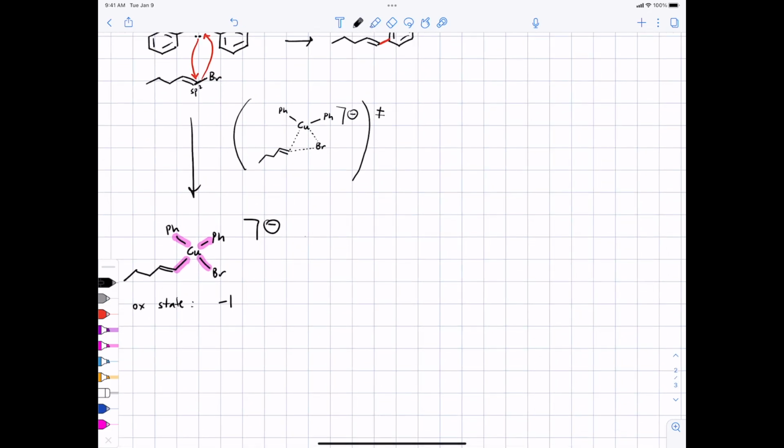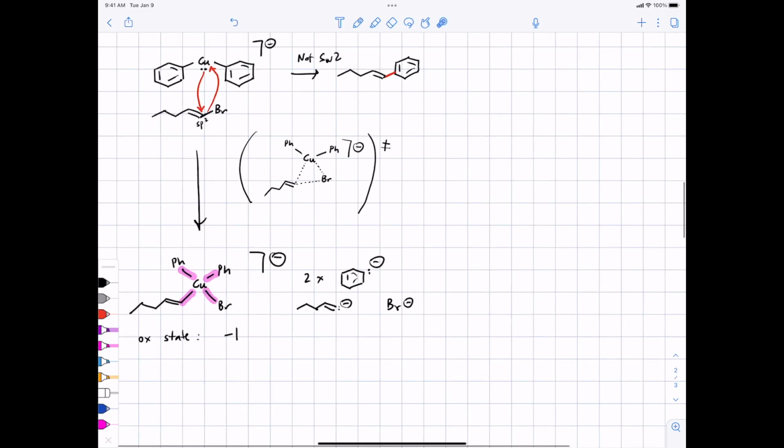The phenyl group minus is one of the ligands, and we've got 2 of those. We have 1 of these, and we have 1 of these.